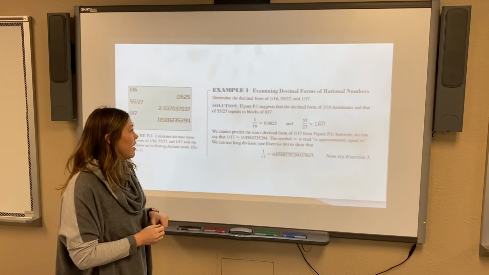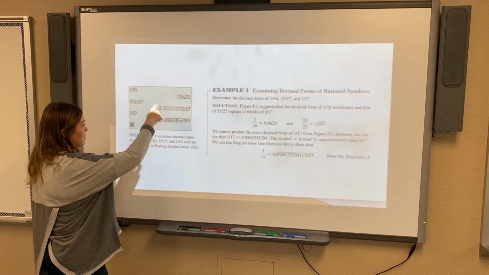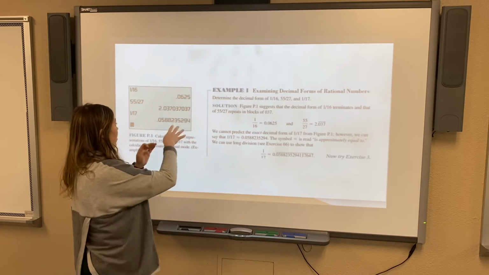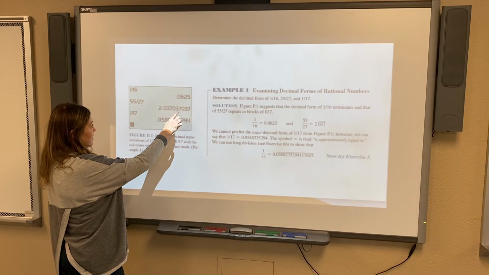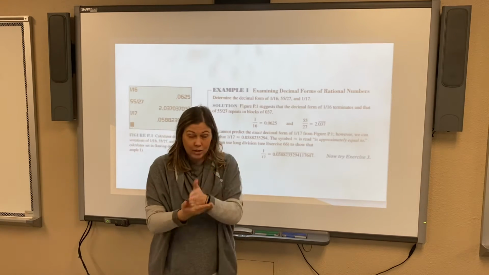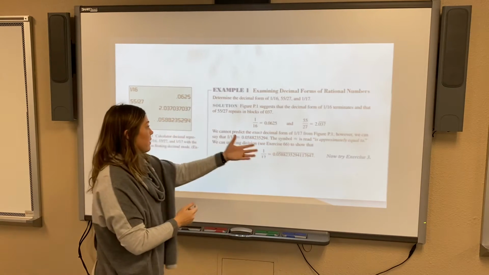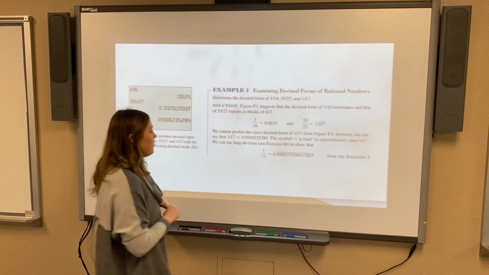Then 55/27, if you put that in your calculator, you get 2.03703703703, and that 037 repeats infinitely, so it's written as 2.037 repeating.